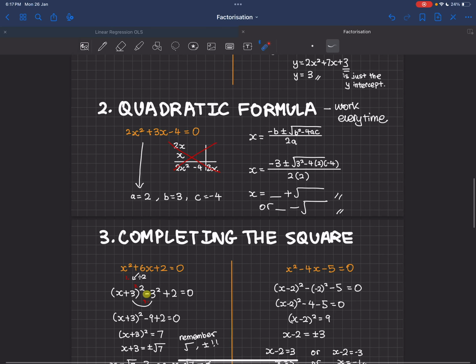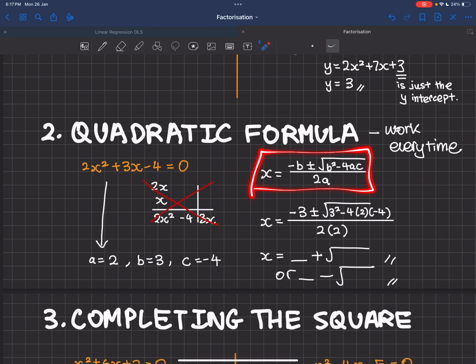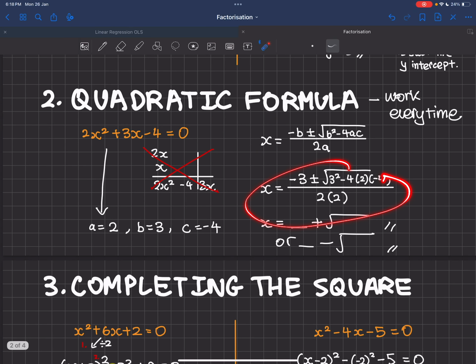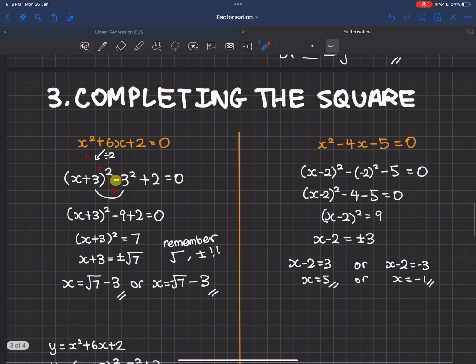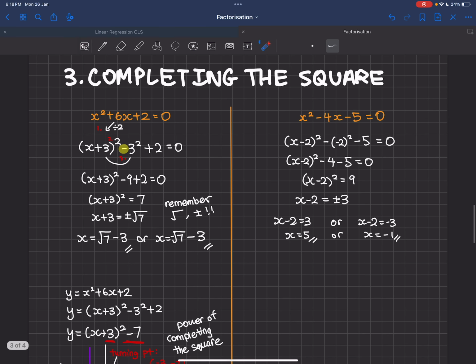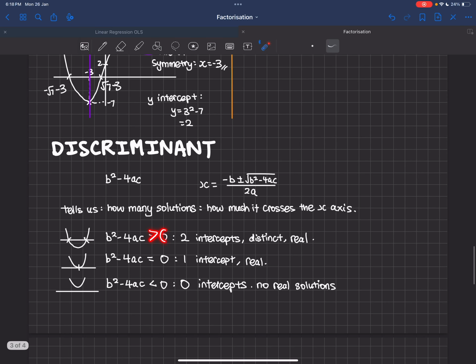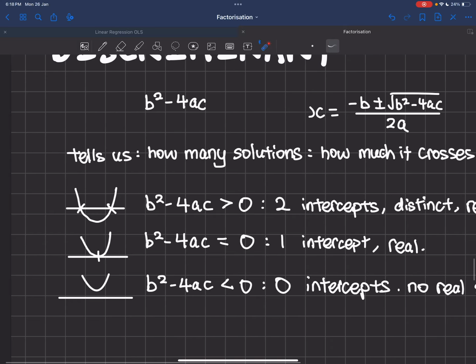That's the first. The quadratic formula works every time. Remember this. Memorize it. And you'll get this. Completing the square. Useful for finding the line of symmetry. Remember this. Plus minus when you solve it. And discriminants: greater than 0, equal to 0, or less than 0. 2, 1, 0 intercepts. These two are real. This has no real. And they look like this.